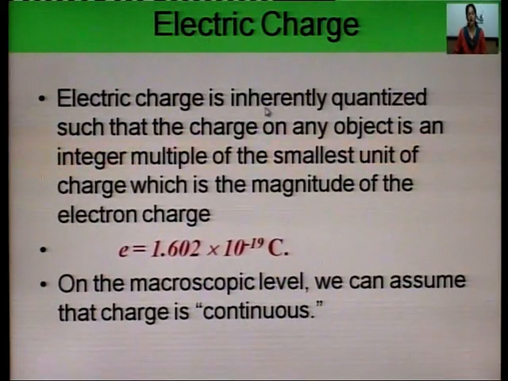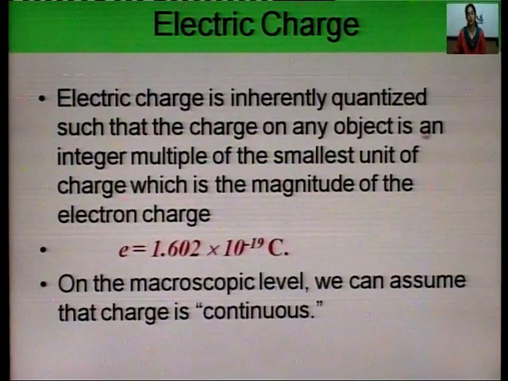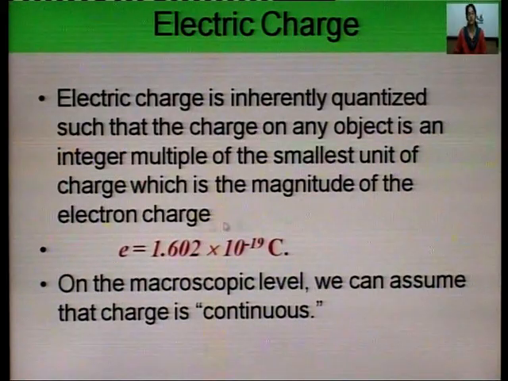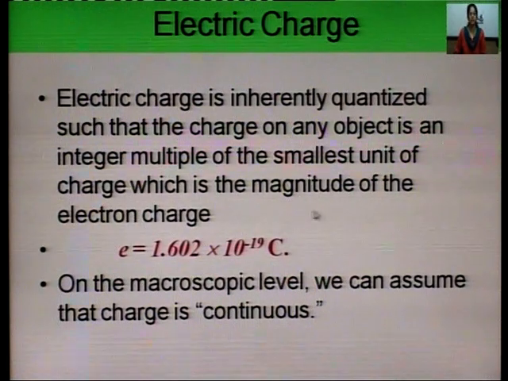Electric charge is inherently quantized such that the charge on any object is an integer multiple of the smallest unit of charge, which is the magnitude of electron charge. So the smallest magnitude of charge that we take is the charge on an electron, and the rest are integer multiples of the smallest unit.